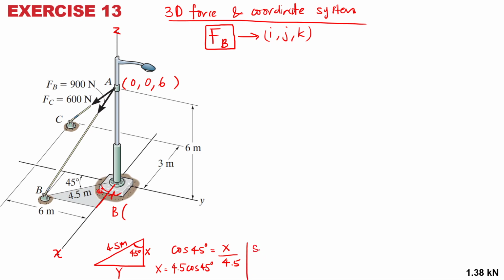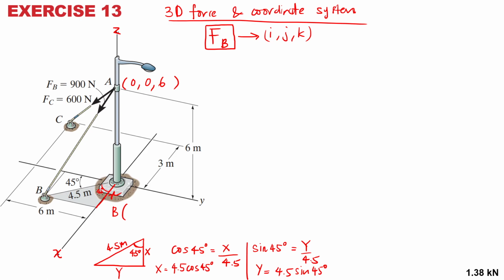Y, I think you need to use sine. Sine 45 degrees is y over 4.5. So y is actually 4.5 sine 45 degrees. So what is the value?